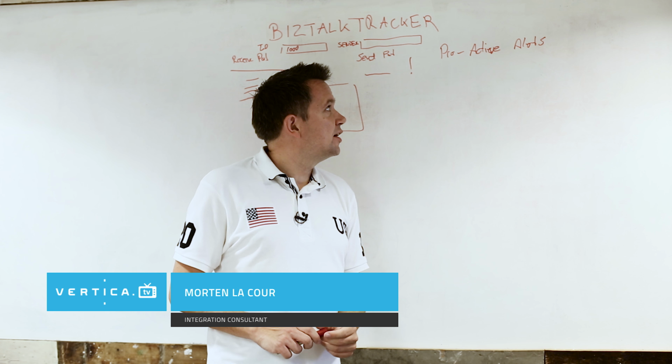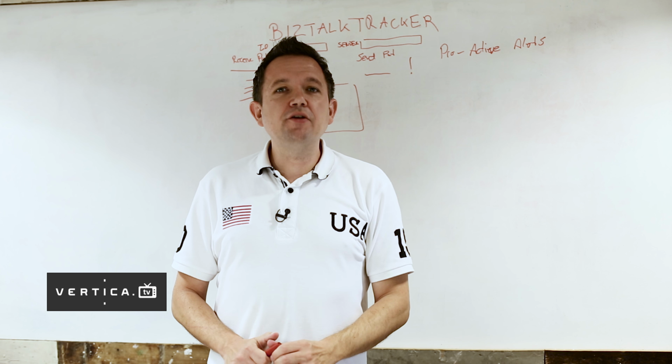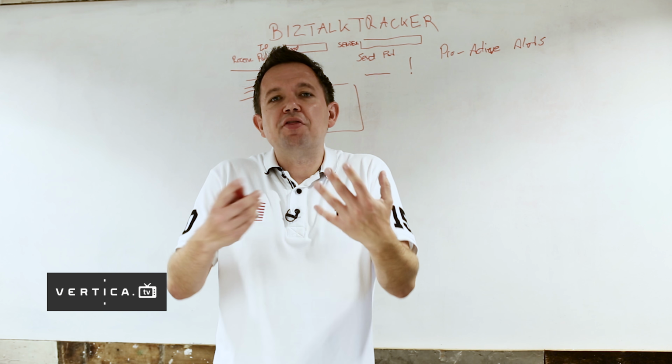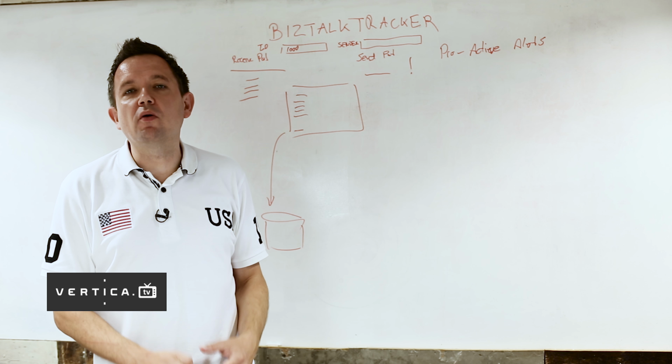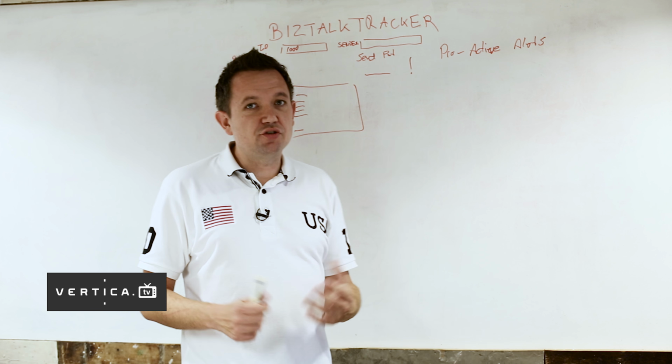It also contains a second part, which is proactive alerting, where you can specify things that you need to see in BizTalk within a given time interval. Otherwise, you want BizTalk Tracker to alert you.